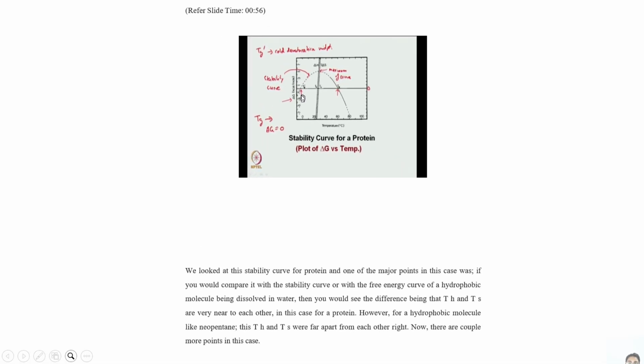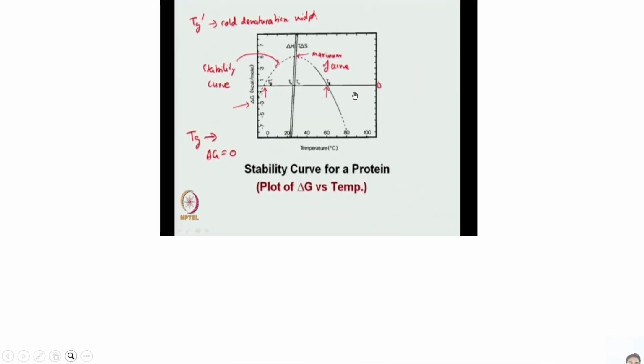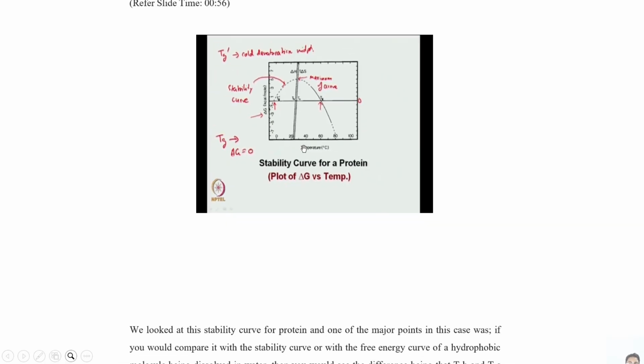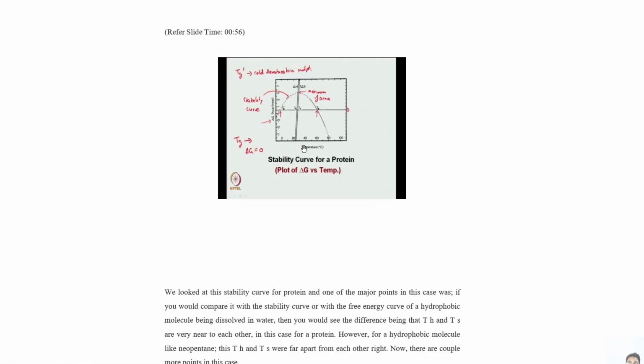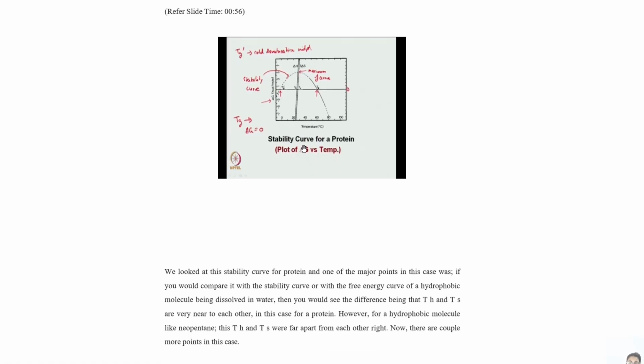If you can see from here, TH and TS are very near to each other. In this case for a protein, however, for a hydrophobic molecule like neopentane, this TH and TS are far apart from each other, right?